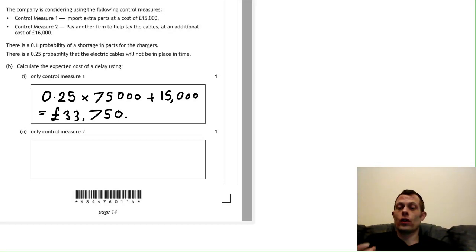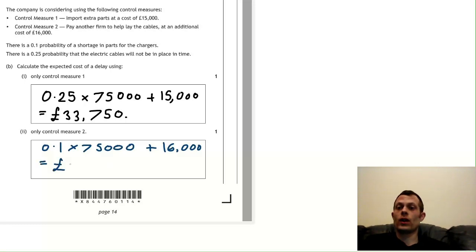For part 2, very similar, but this time we are excluding the other reason for a delay. So we are excluding the cost of a delay in the cables being laid, and the only thing we're interested in is the possibility of the shortage in parts, which is the 0.1. So we take 0.1 times £75,000 and add on the cost of the second control measure, the £16,000.